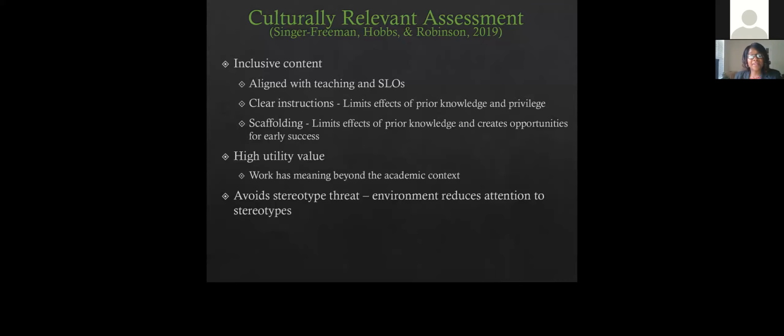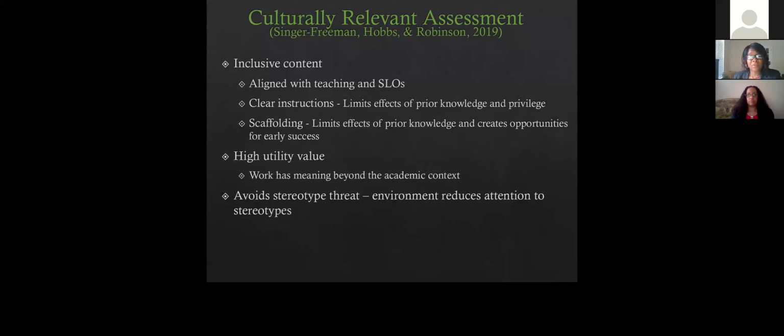Professional utility value is the extent to which students see the skill as needed in their professional career, or in their academic skills, which has value to the students because they need it to matriculate through the program, as well as their personal value. In addition, Harackiewicz, in her research, found that when students are asked to explain the importance of scientific material to their own lives, equity gaps were reduced for first-generation and underrepresented minority students.